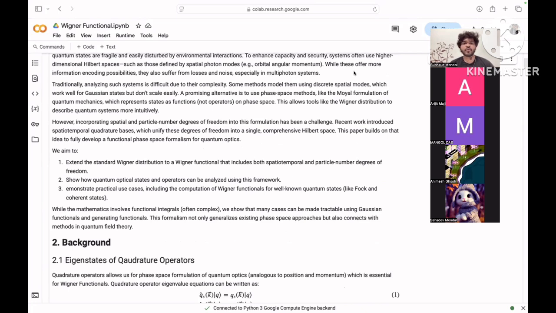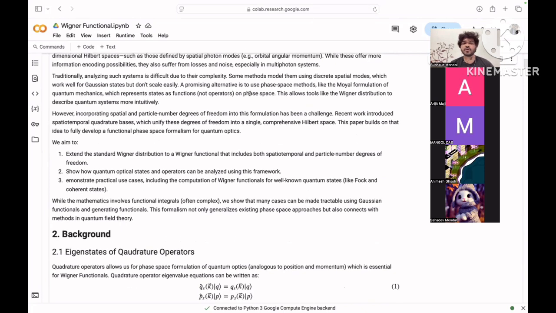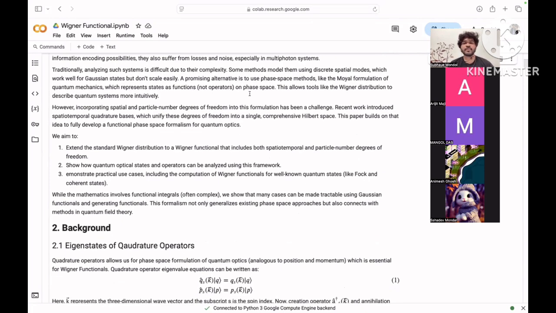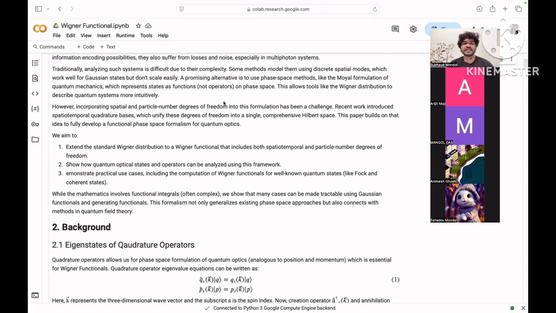These offer more information encoding possibilities, but they also suffer from losses and noise, especially in multi-photon systems. Traditionally, the analysis of these systems is very difficult and can be very complex.